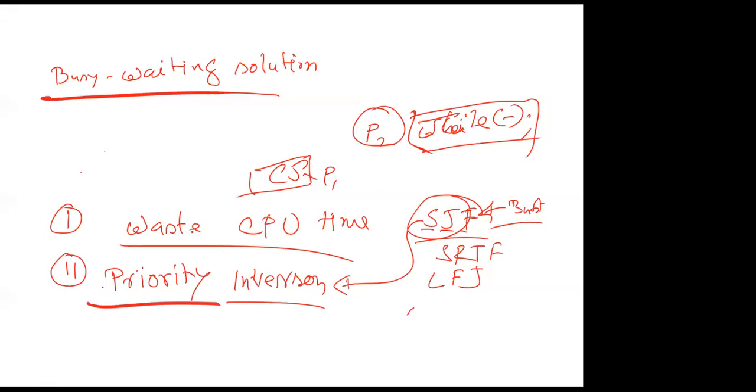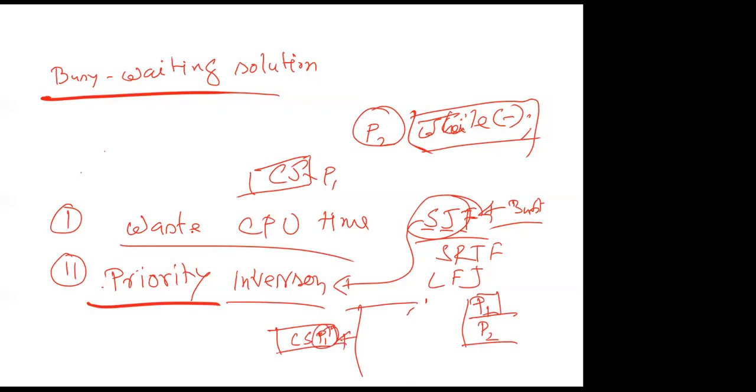Let's say you have a total of two processes, P1 and P2. Process P1 is already inside the critical section, executing the code from the critical section.